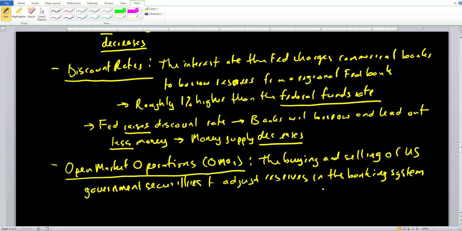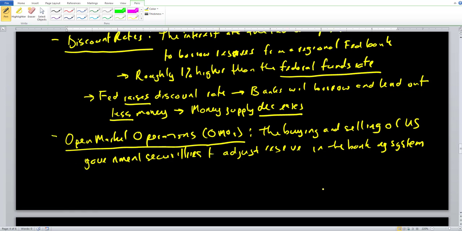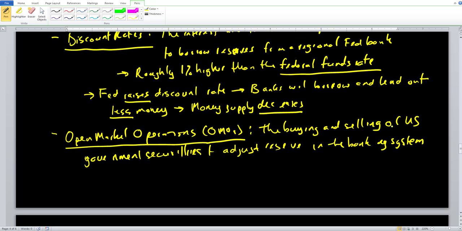So once again, open market operations, the main tool of monetary policy, it's the buying and selling of U.S. government securities to adjust for reserves in the banking system.